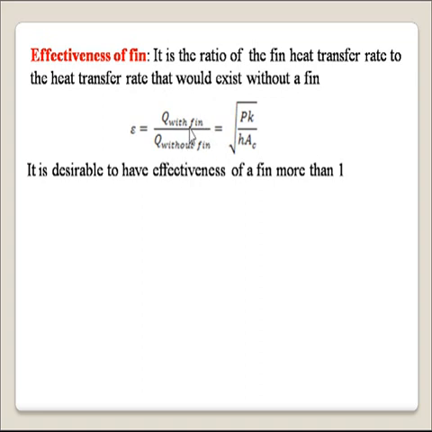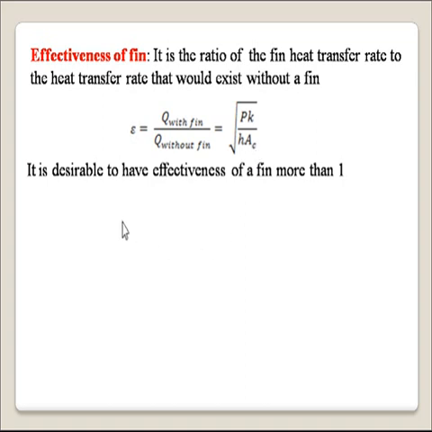Putting the expressions with fin and without fin, we have effectiveness equal to root of Pk upon hAc. So effectiveness is directly proportional to thermal conductivity and perimeter, and inversely proportional to convective heat transfer coefficient and cross-section area of the fin.